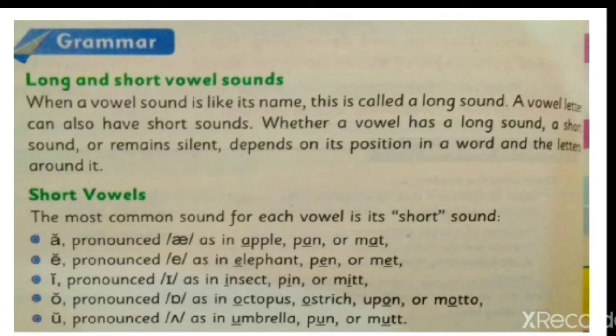We'll discuss that. Then if we look at the letter O, which is again a vowel, the sound it produces is not the same as O. Consider octopus, ostrich, upon, motto. These are different. It's not the same as its name, and these are the short vowel sounds.